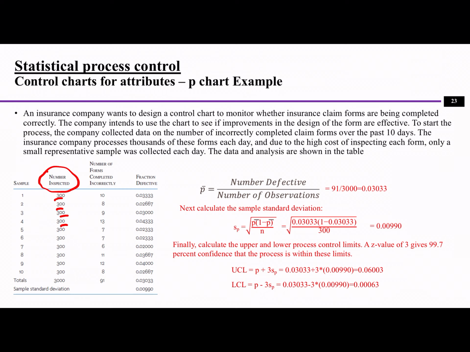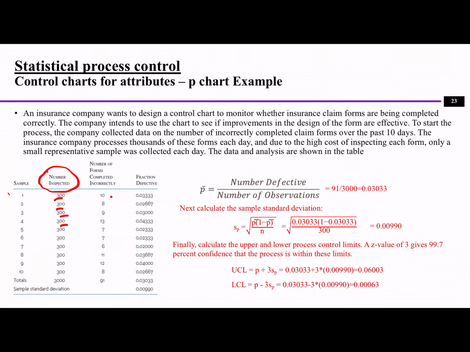Right? So the data and analysis are shown in the table. So for say day one I inspected 300 forms, and I found out that incorrectly completed forms are 10 forms, right? So I inspected 300 and I found out 10 are bad forms.